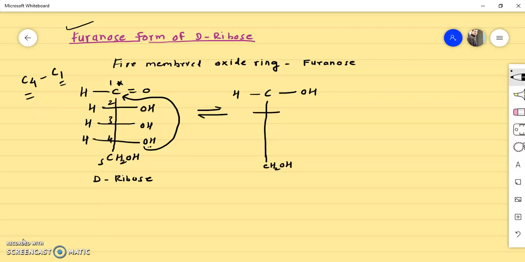Now we'll draw the two OH groups as they are, OH, OH, H, H. The C4 OH has attacked the carbonyl carbon, that's why we draw it this way. So the name of this compound will be alpha D ribofuranose.